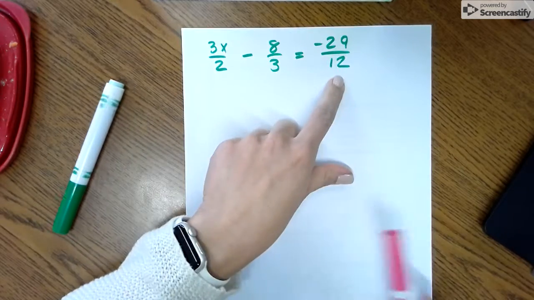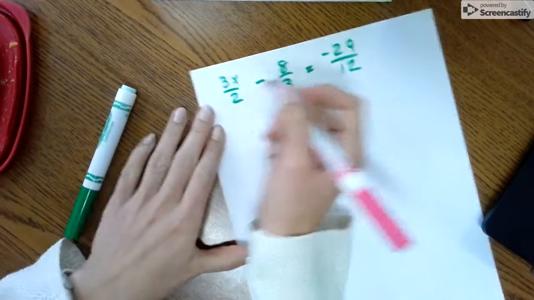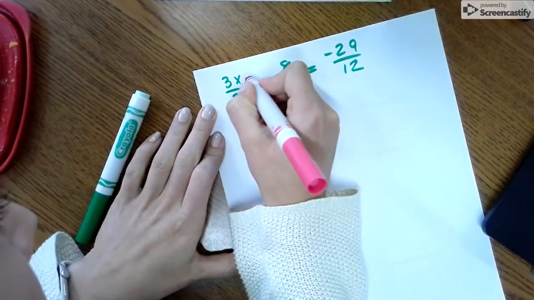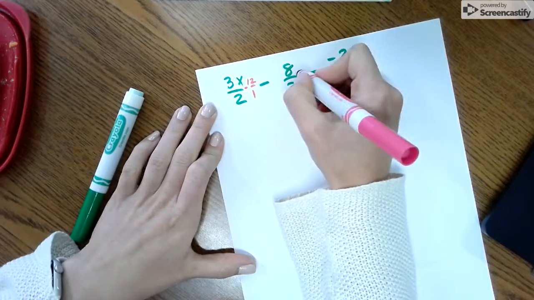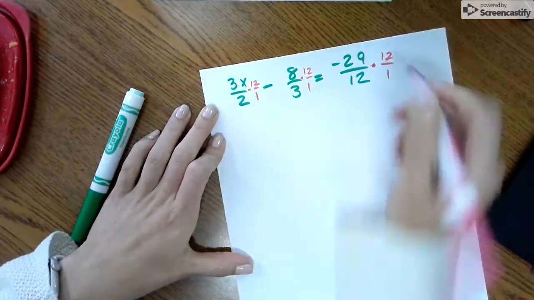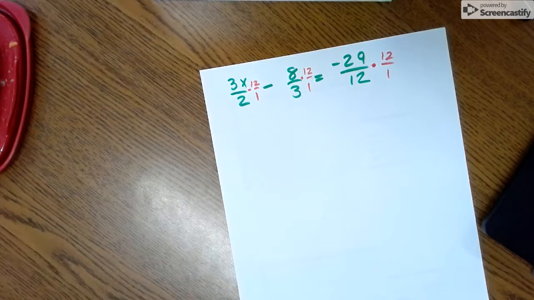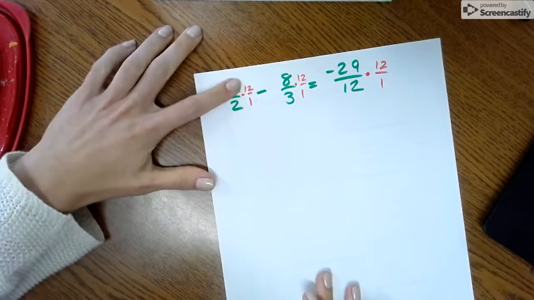So 2 and 3 can both go into 12. So I'm going to say again for this one, the common denominator is 12. So I'm going to multiply this one by 12 over 1, this one by 12 over 1, and this one by 12 over 1. All right, and then I'm going to reduce just like I did in the last one.